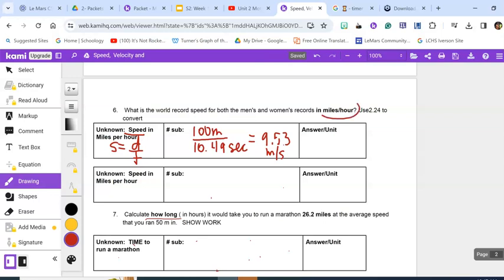No, they want to know miles per hour. So now I have to take this times 2.24. And what do you get? 21.34. And that's miles per hour.